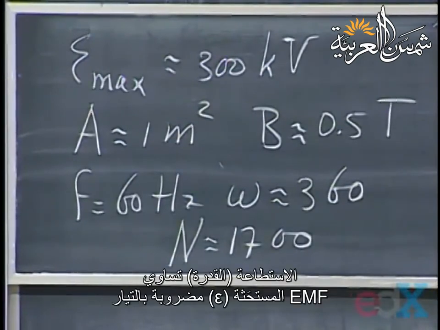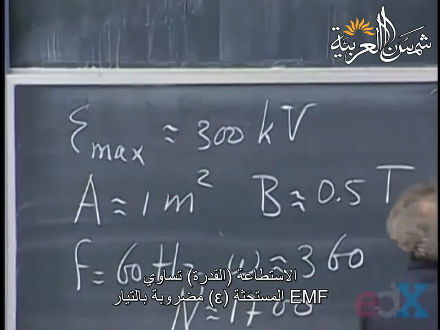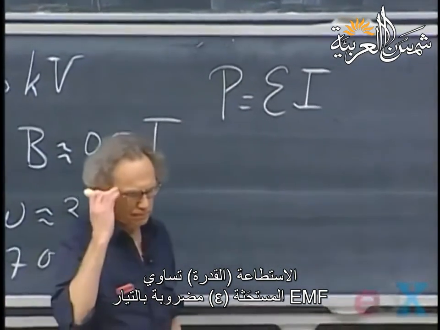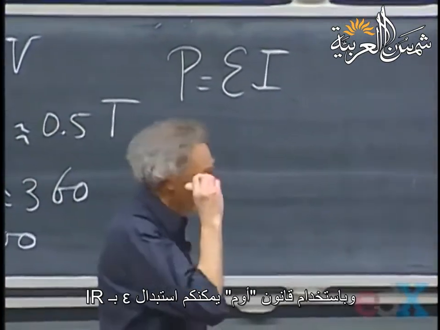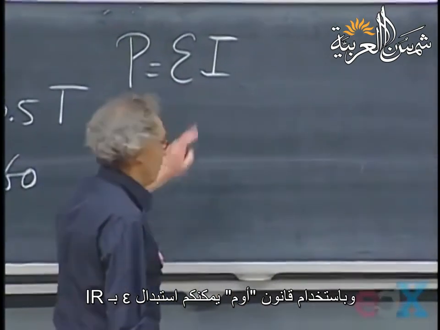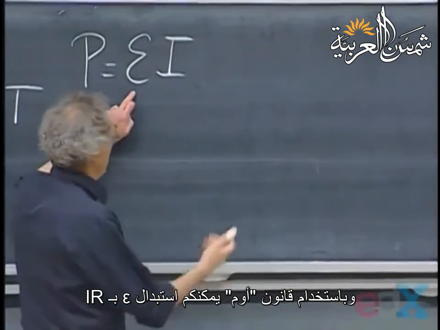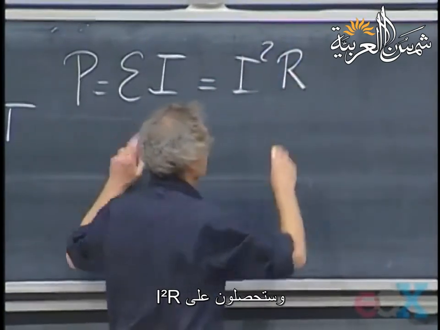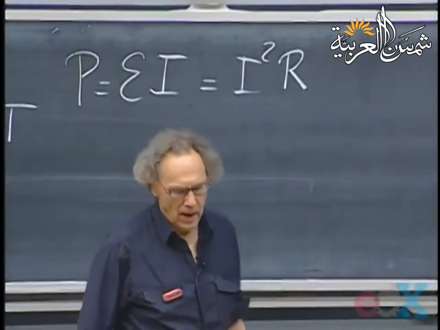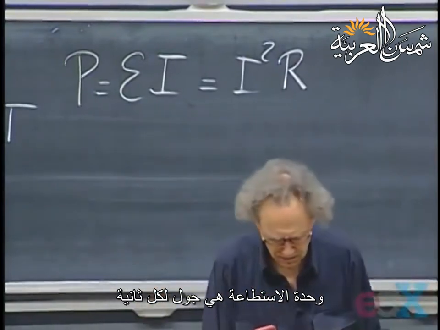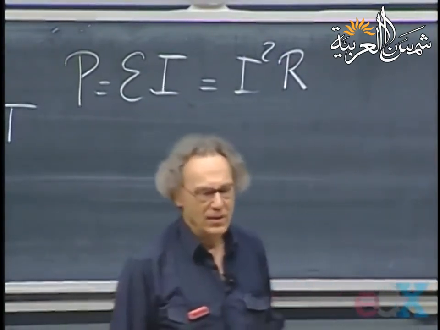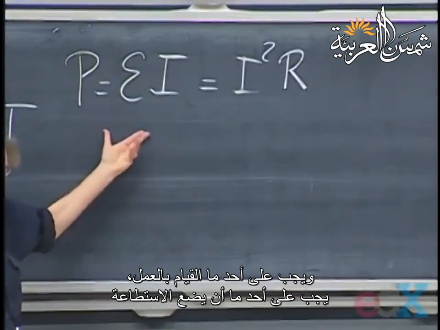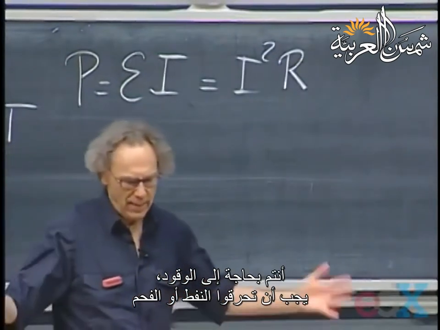Power is induced EMF times current. And with Ohm's law, you can replace E by IR, and so you get I squared R. This is joules per second. And so someone has to do work, someone has to put in the energy, for which you need perhaps fossil fuel.